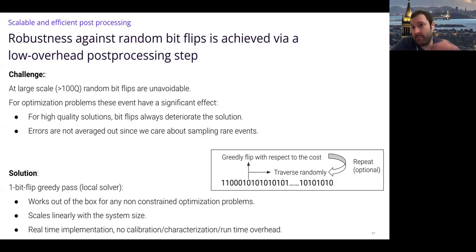Of course, it's not 100% of the time, but it gives us some robustness to this type of errors that currently we cannot get rid of. In general, it scales linearly, it's extremely fast, it's literally real time. And we can definitely show that this pass alone, of course, cannot find the solution. Otherwise, these would be very trivial problems to solve if such a simple greedy bit flip pass could find the solution.